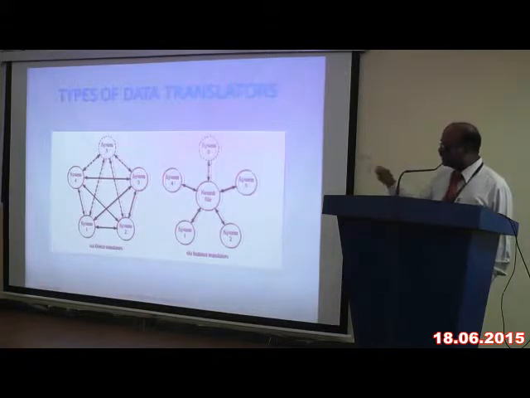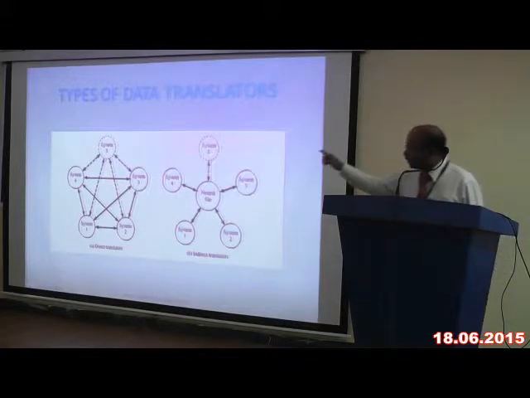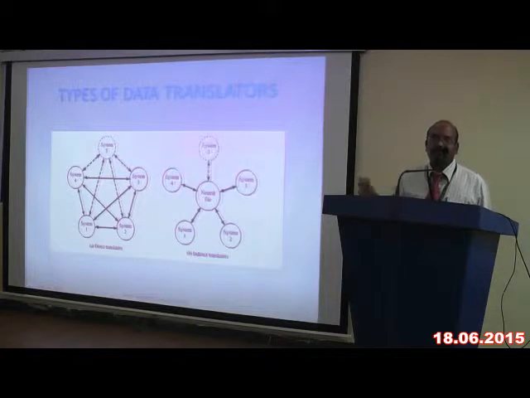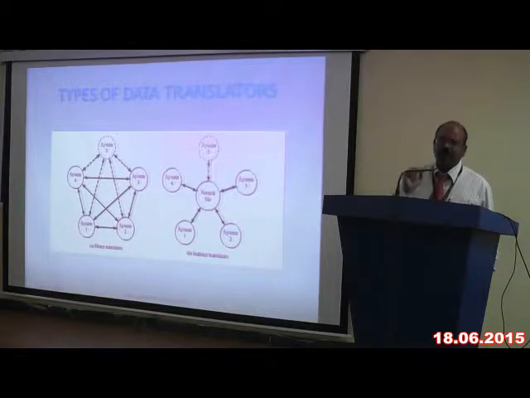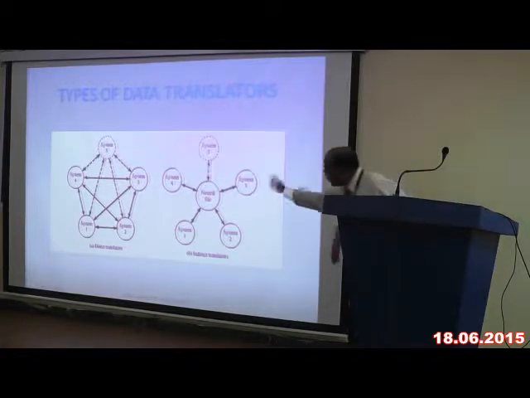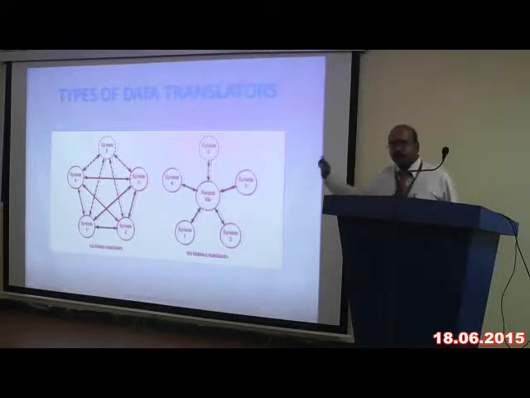So what is the difference between the direct translator and the indirect translator? For the direct translator, it is an independent device, whereas if you take the indirect translator, you need a dependent device. So you need a neutral file, and from the neutral file you have to get the data.